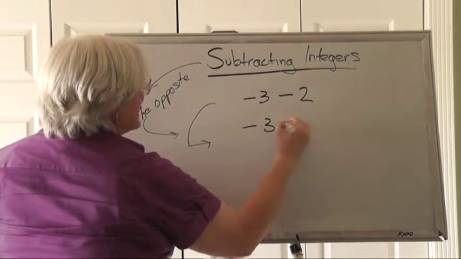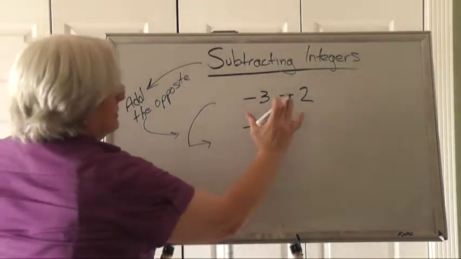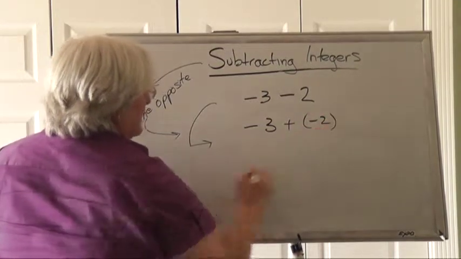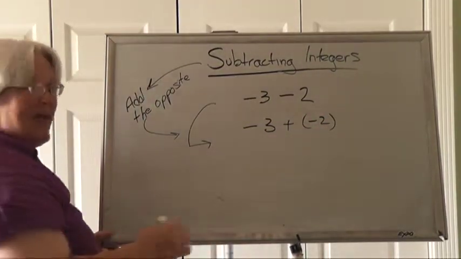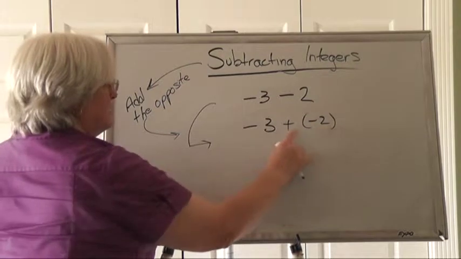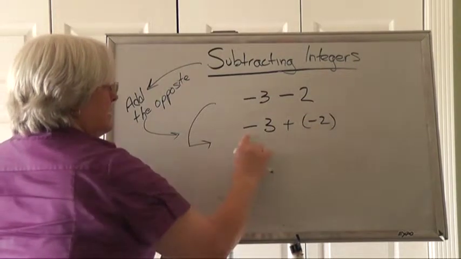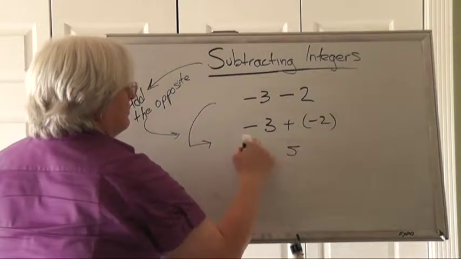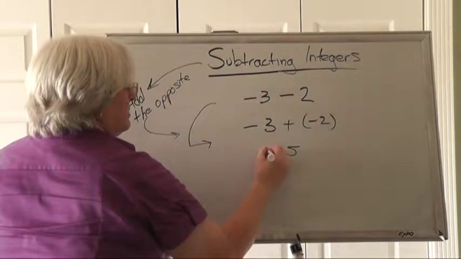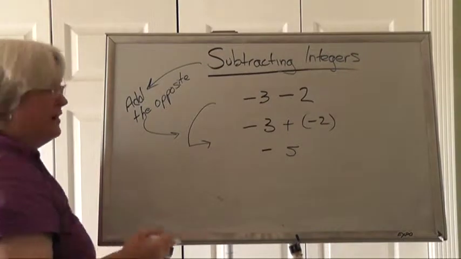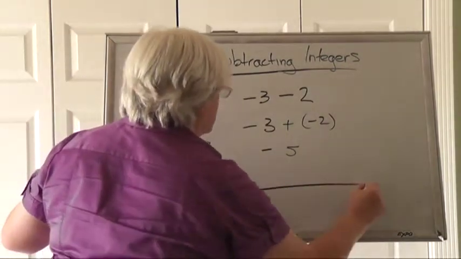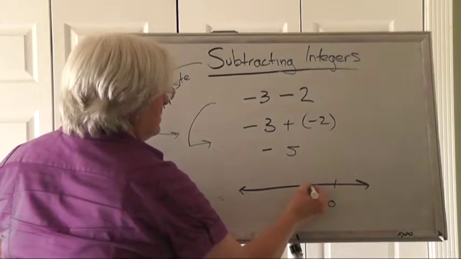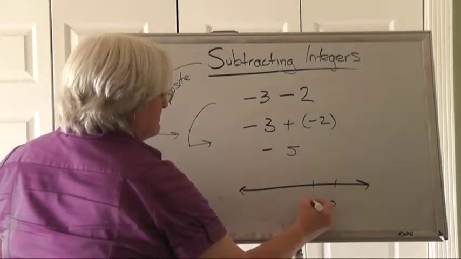Subtraction is the same as adding the opposite. What's the opposite of 2? It's a negative 2. When you add signed numbers that have the same sign, you add their absolute values together. 3 plus 2 is 5, and you keep their sign. It's a negative 5. Let's take a quick glance at this on the number line, just to verify what we're doing.